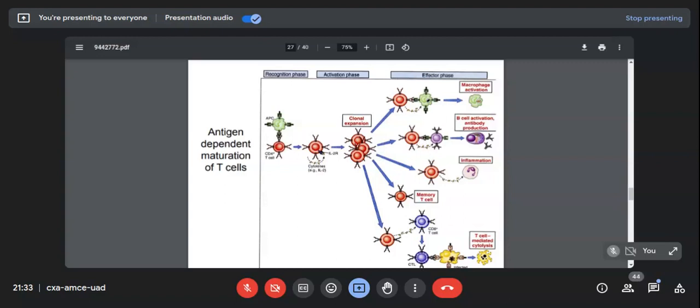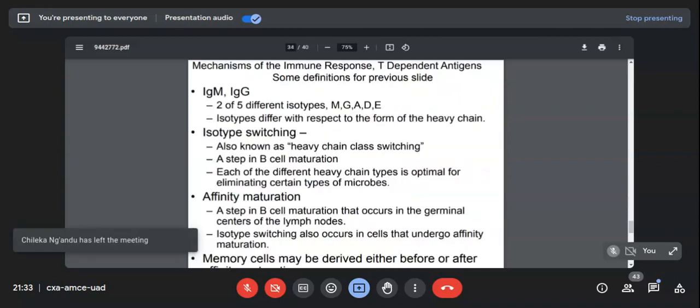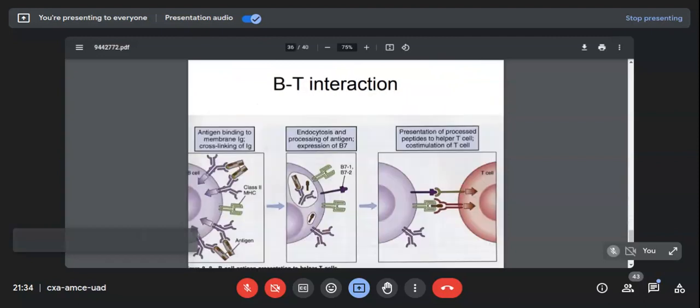Helper T cells can activate the B cells, depending on the reaction. There is a reaction that I had put down here. You see it in the notes. Okay, there you go. So this is a T cell. This is a B cell. On the structure of a B cell, we have molecules known as B7.1 and B7.2.